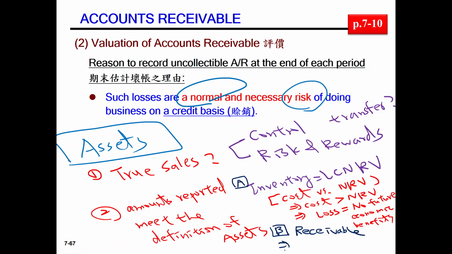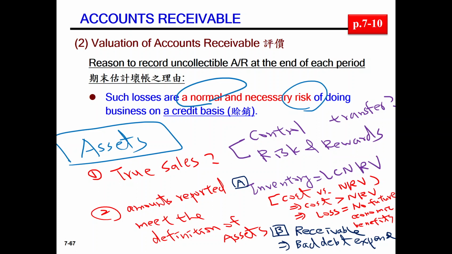We use bad debt expense, because the bad debt expense still has no future economic benefit, so we record it now. Okay? When we talk about CPP, still the same concept. When we talk about long-term notes receivable, long-term bonds receivable, intangible assets, other investments, still the same.